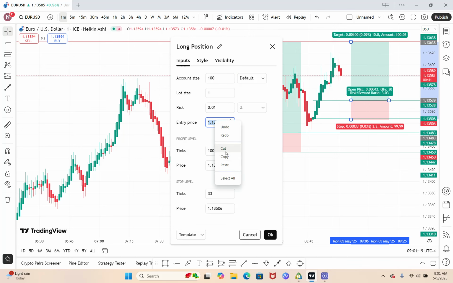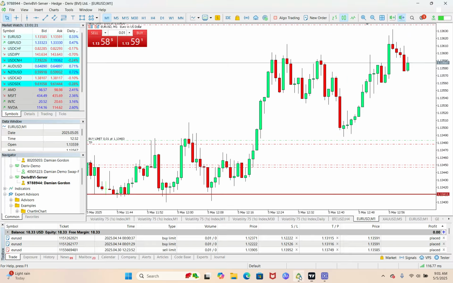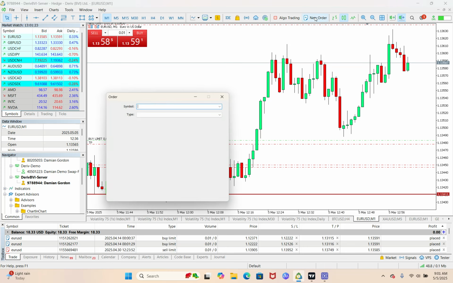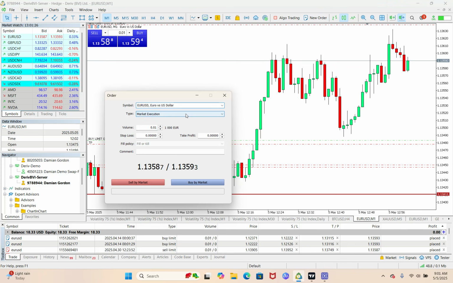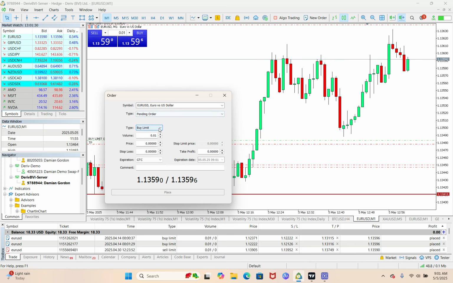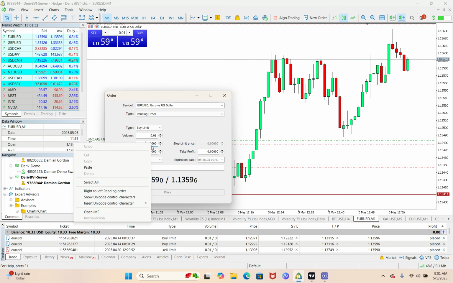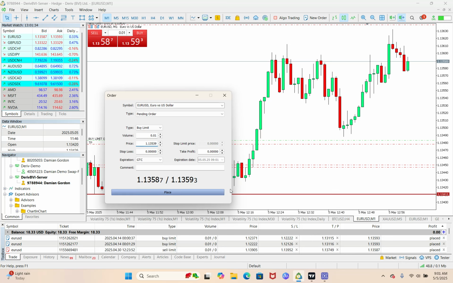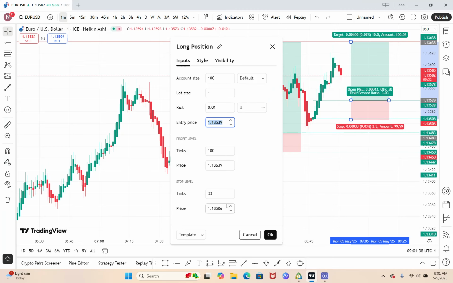Let's see. Copy. New order. Pending order. Buy limit. Paste. Stop loss.